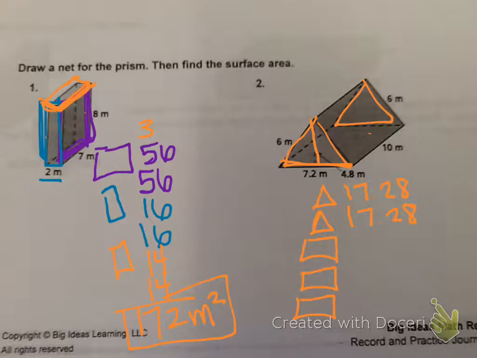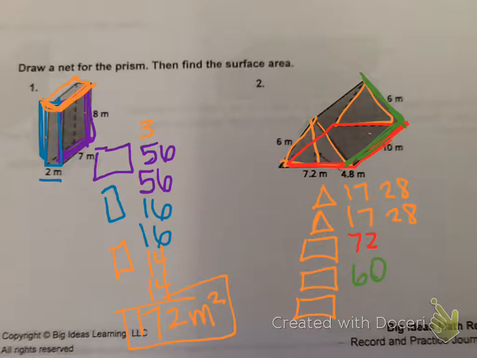And for my 3 rectangles, the bottom one is 7.2 times 10, which is 72. The one on this side is 6 by 10, which is 60.